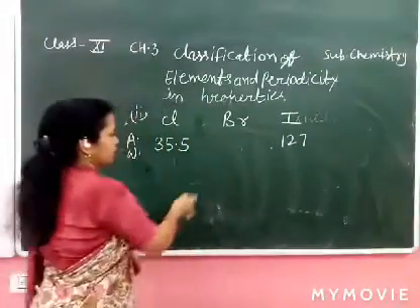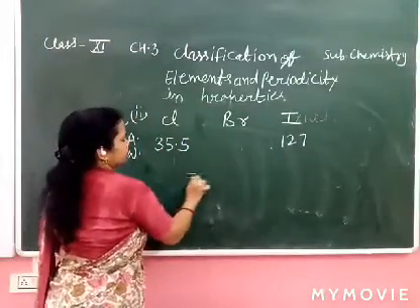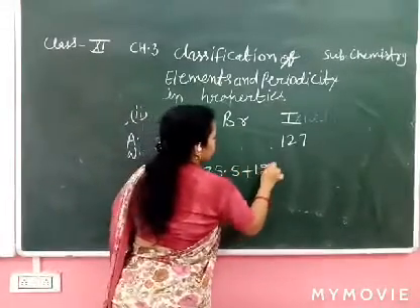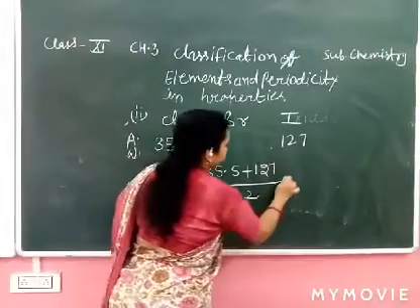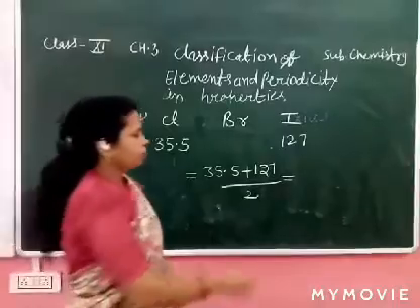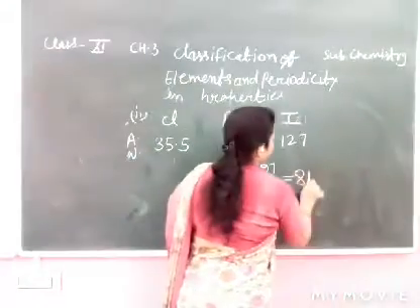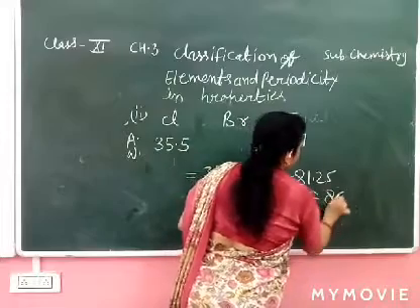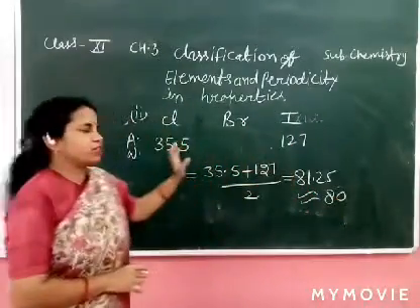Now again calculate the average weight: 35.5 plus 127 divided by 2, which is 81.25, almost equal to 80. If you write 81, this is not wrong.